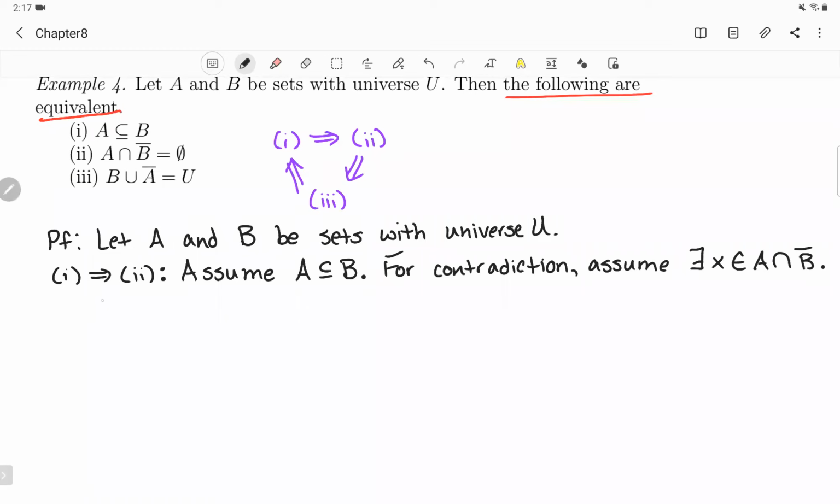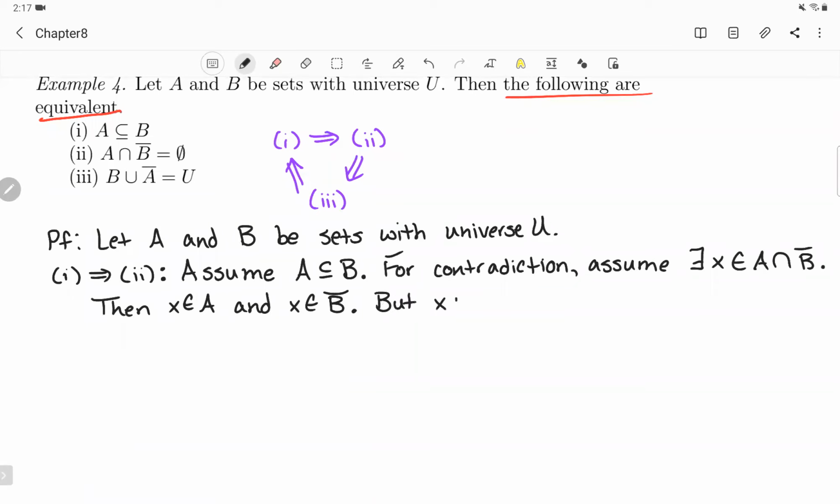So then X is an element of A and X is an element of B complement. Well, what was my very first assumption for this part? A is a subset of B. So if X is in A, what's that mean? X has to be in B. That's what it means to be a subset.